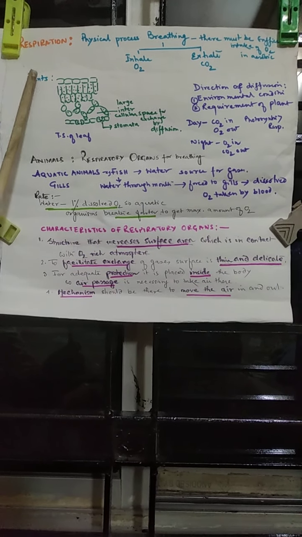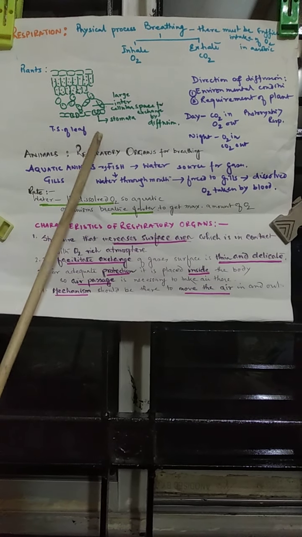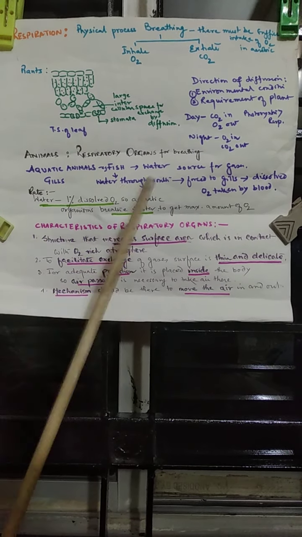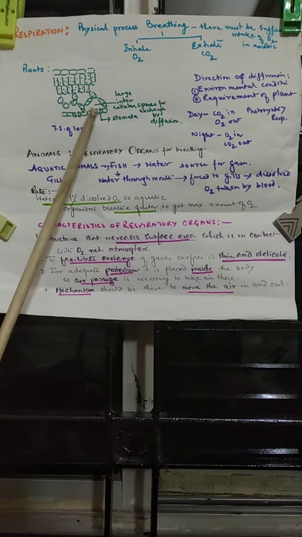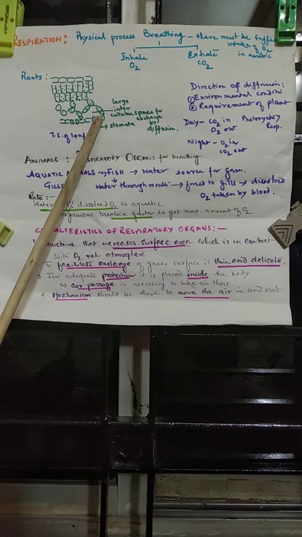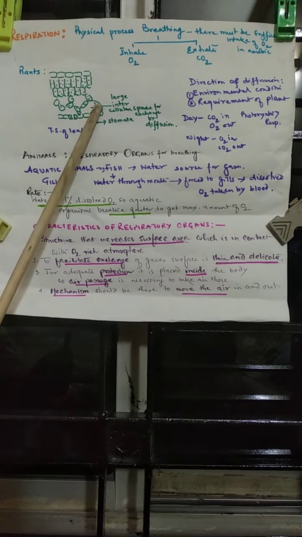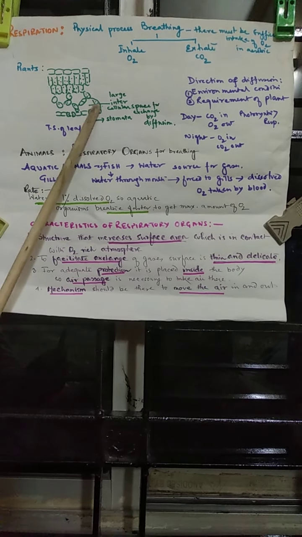If we look at the plant, we'll find that the stomata is the region where the entry or exit of respiratory gases occurs. Now, if we look at the structure of the stomata, we'll find that there is a stomatal pore, and above this stomatal pore there is a large amount of intercellular space.